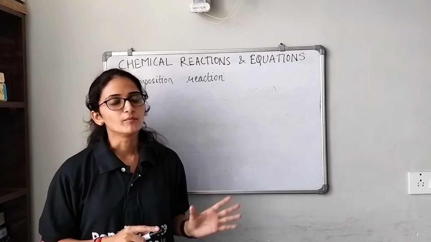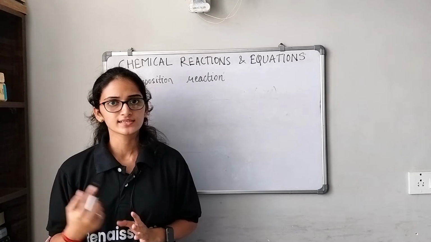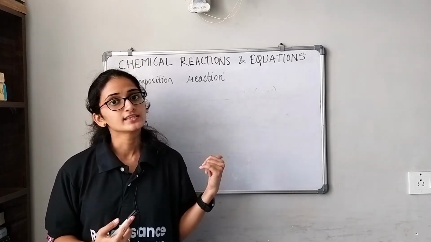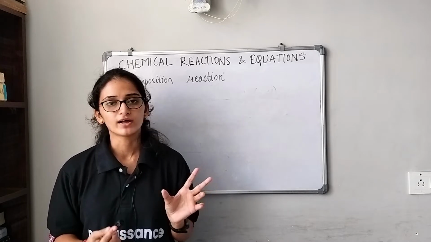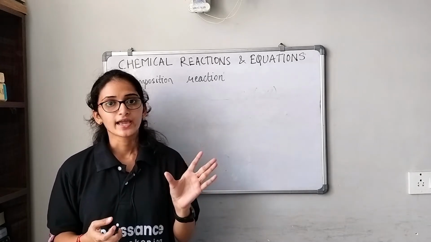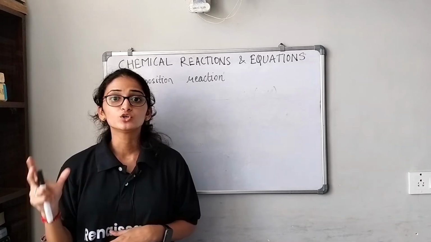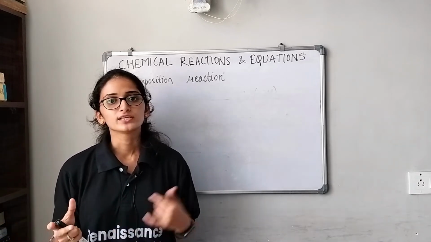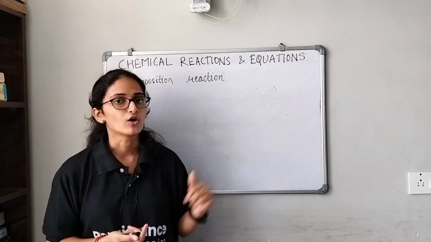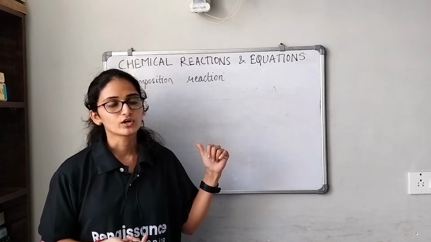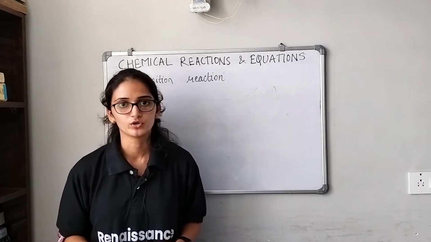In a combination reaction we have seen that two or more substances give one single product. So here we will see the opposite of it. That means only one reactant will decompose to give two or more products. In combination reactions, two or more reactants were giving only one product, and here only one reactant will decompose to give two or more products.